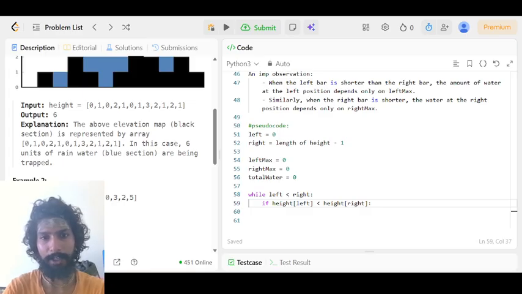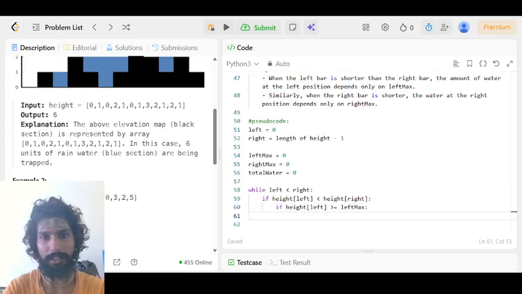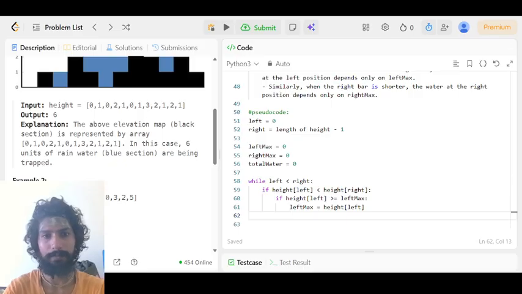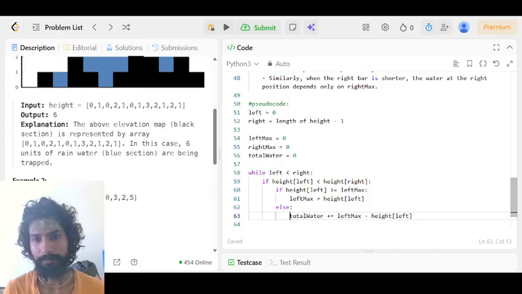then we check if height of left is greater than or equal to left max. Then left max equals height left. Else, if height of left is less than left max, then total water plus equals left max minus height of left.